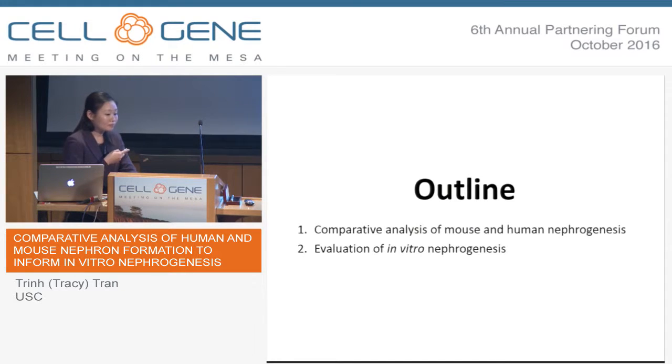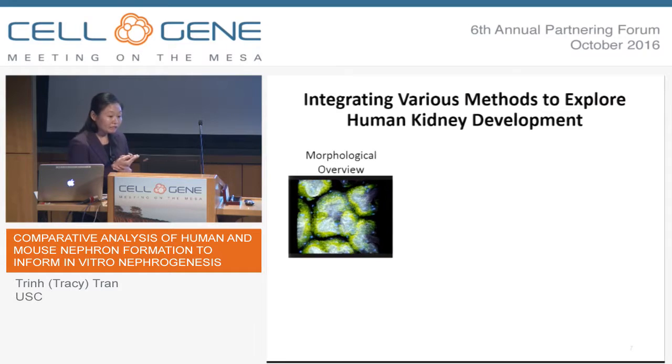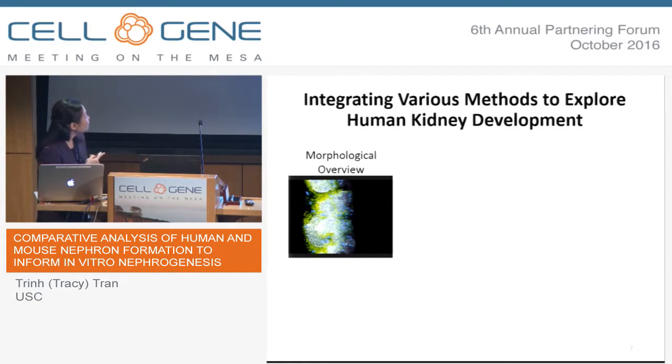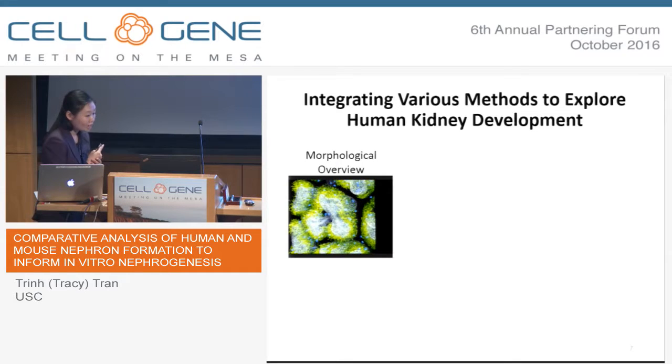To characterize the human kidney, we use the mouse as the basis and compare human nephrogenesis to the mouse and ask what their similarities and differences are. To do that, we integrate different technologies. First, we use 3D images to get an overview of their morphology.